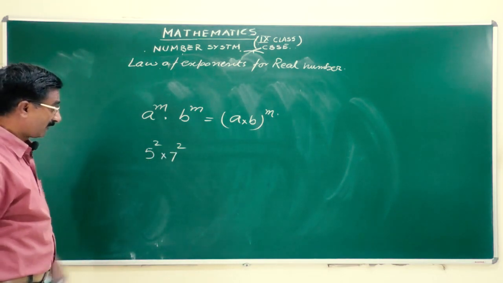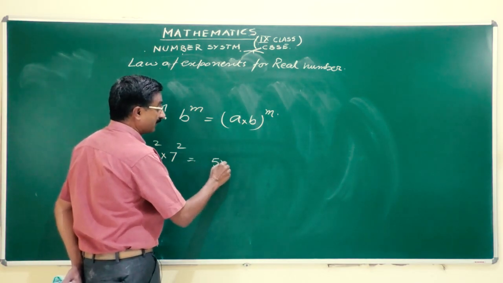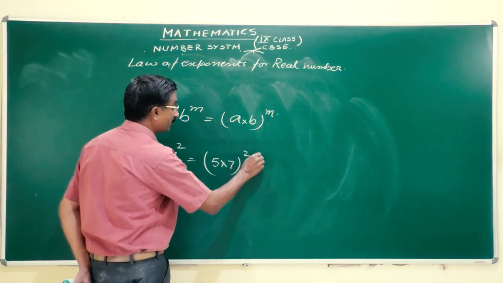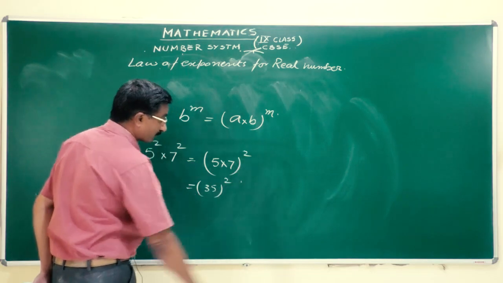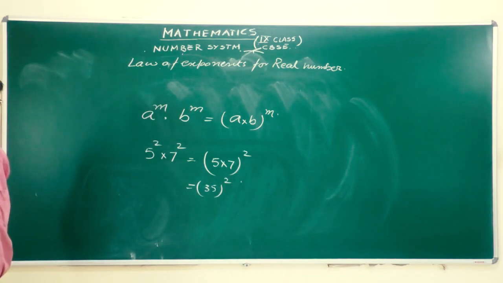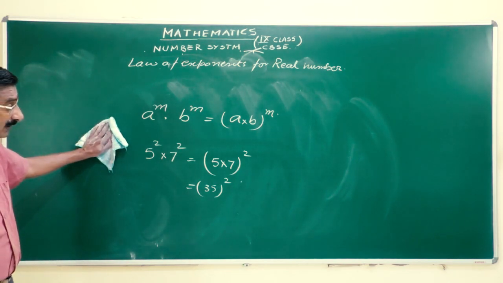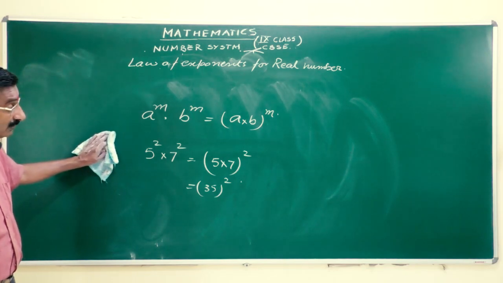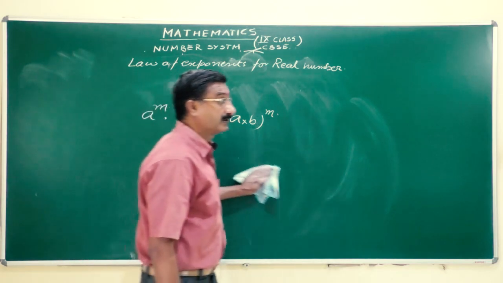Power is common, base is not common. So this is 5 into 7 raised to the power 2, meaning 35 raised to the power 2. Clear? So a raised to the power m, b raised to the power m is equal to a into b raised to the power m. Clear? And this is the example, just so you can understand how the numerical values can be calculated.